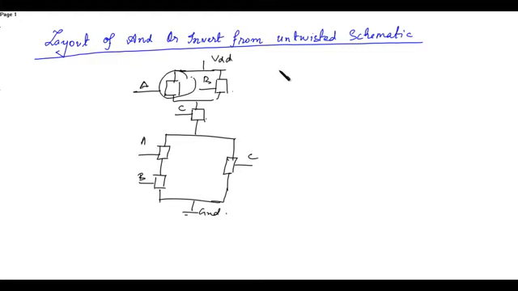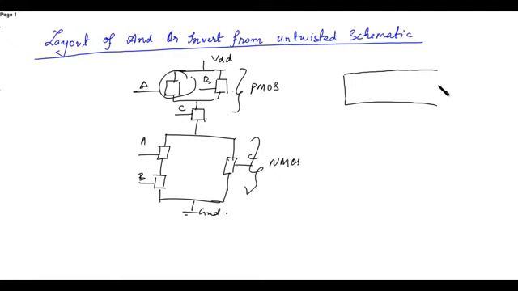Now you have to convert this exactly into the layout form. For example, if this is an NMOS, this is a PMOS, these are the set of PMOS, and these are the set of NMOS. So instead of representing in this format, that is, this was the N well and this was the P diffusion, we will represent it as this.